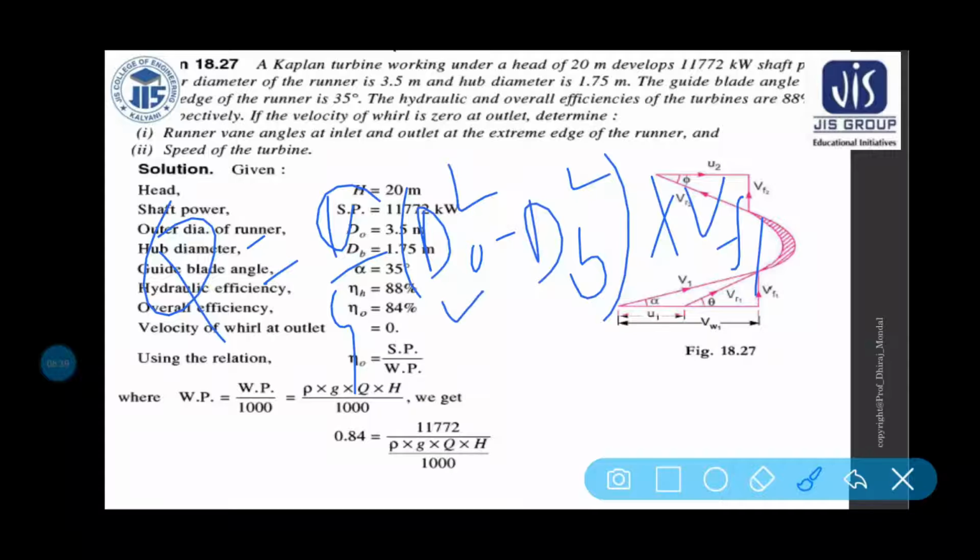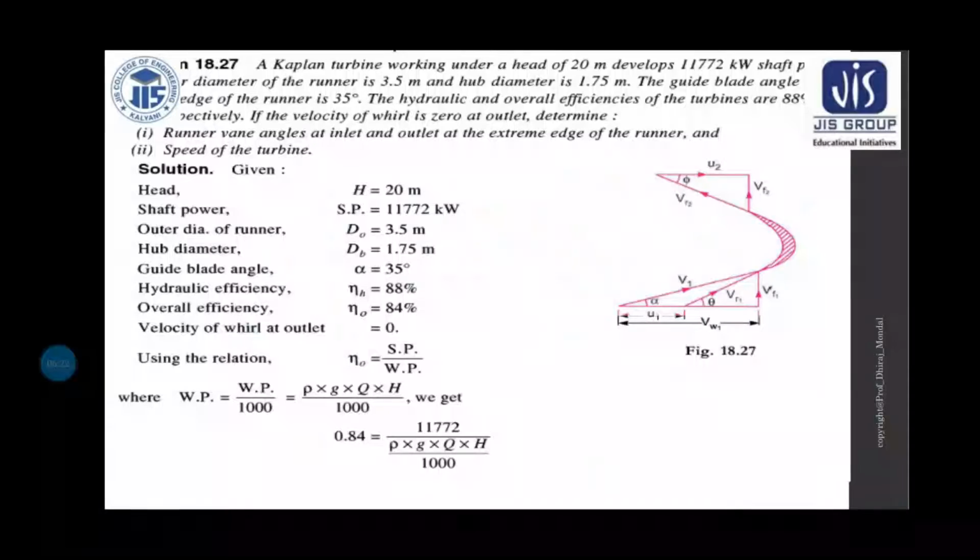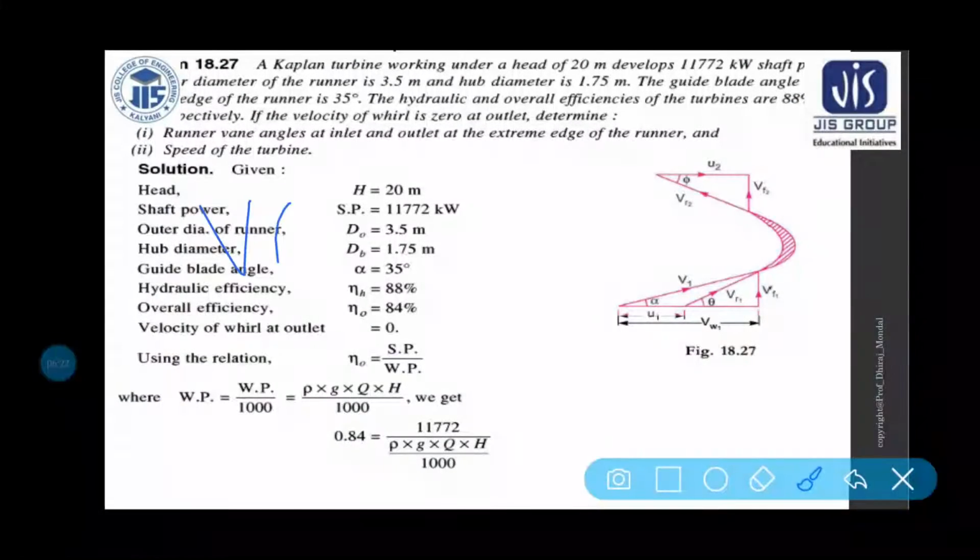D naught square is given, dv square is given. Can I find out Vf1? Because the discharge I have already got from the equation. Overall efficiency is equal to shaft power by water power, so I can easily find out Vf1. As I have got Vf1, I can find out the other thing, that alpha is given.